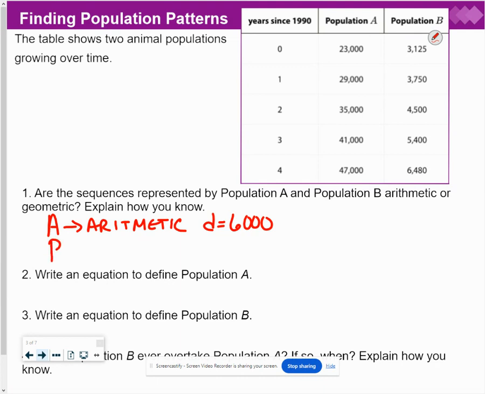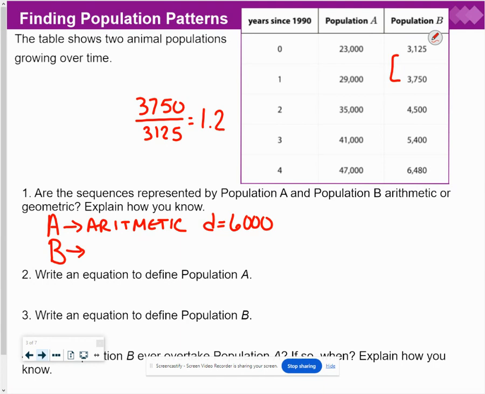Population B, I'm certainly not adding the same amount every time. But if you do that same trick that I was just talking about with the last one, if I would take these two numbers right here, remember the new number goes over the original number, 3750 divided by 3125 is going to give us 1.2 as our growth factor.